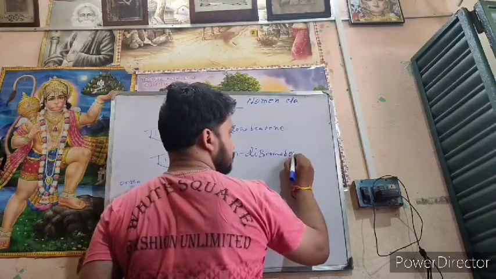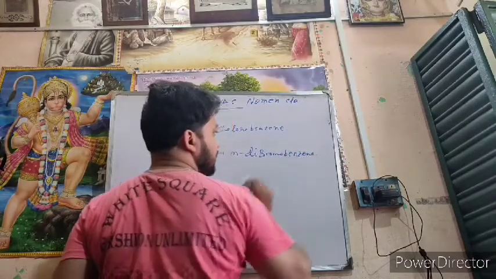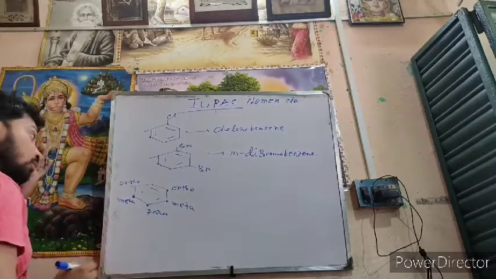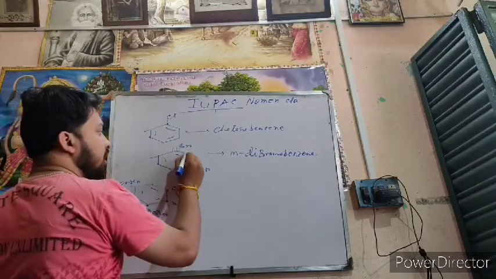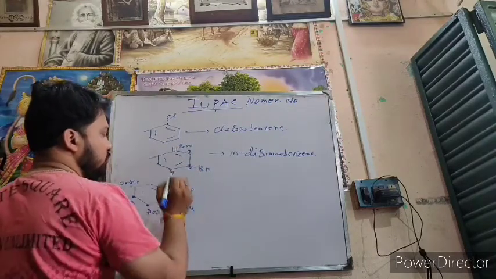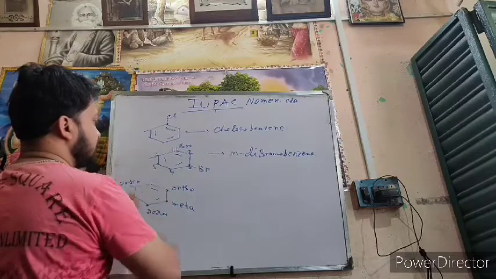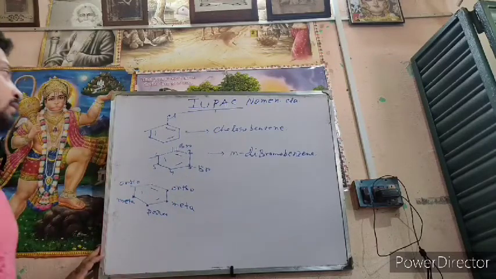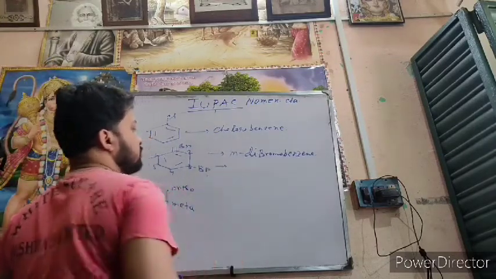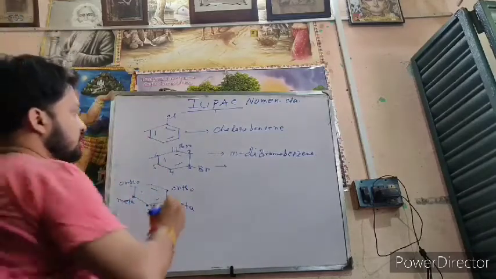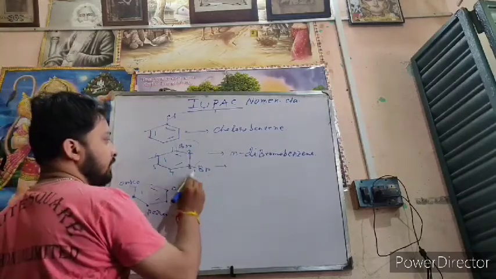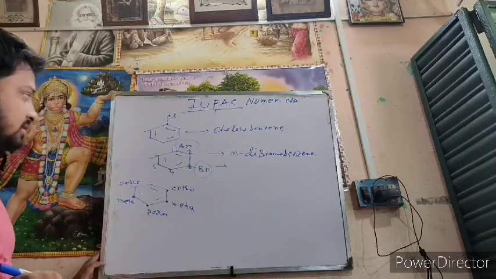Or we can write in this way: 1, 2, 3, 4, 5, 6. Okay, one position has bromine, and the position of the other bromine is 3.